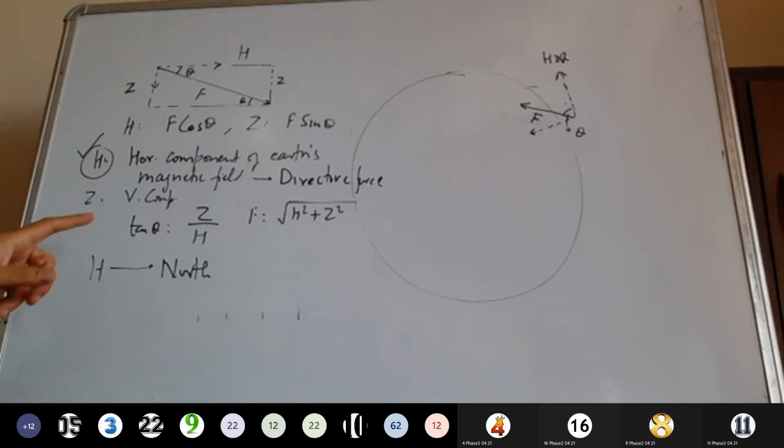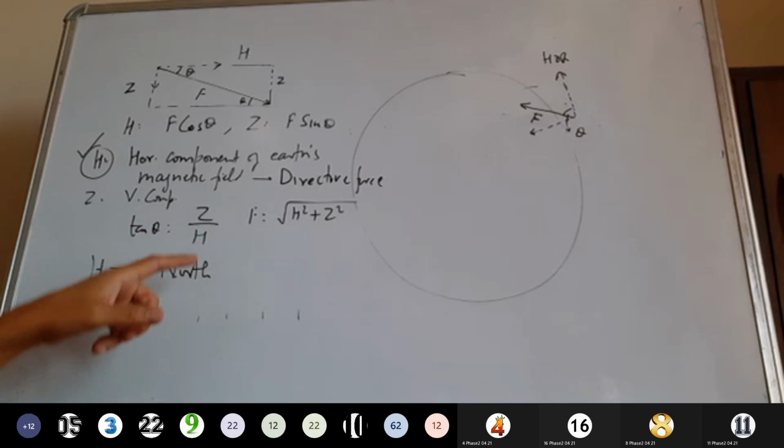So H is always pointing in the direction of the north, irrespective of the place on the surface of the earth. If H was not pointing towards the north all the time, then your magnetic compass would point in different directions at different places.